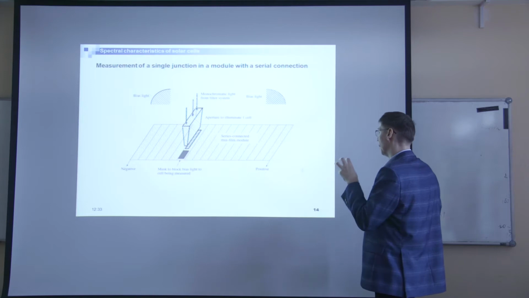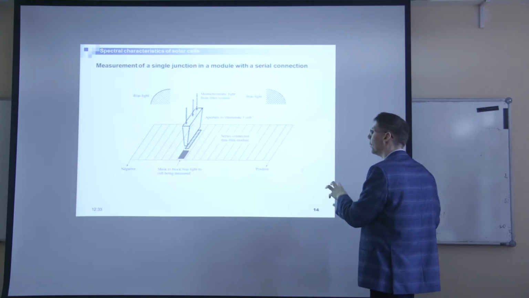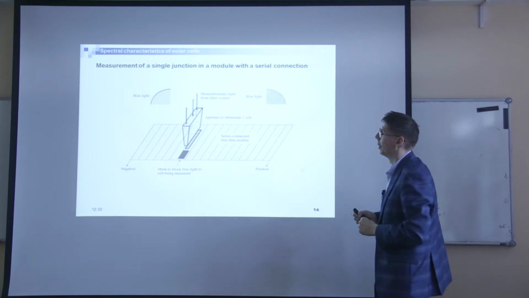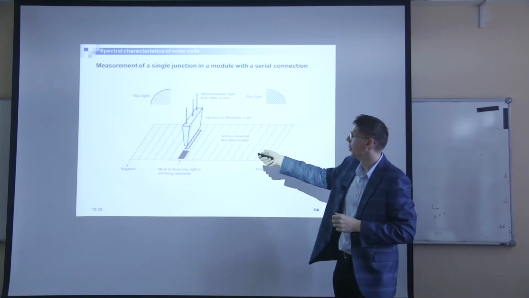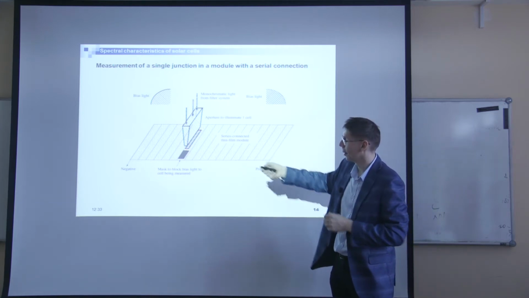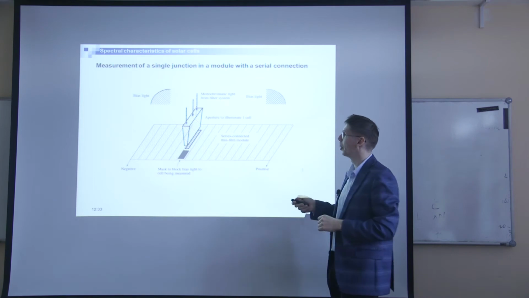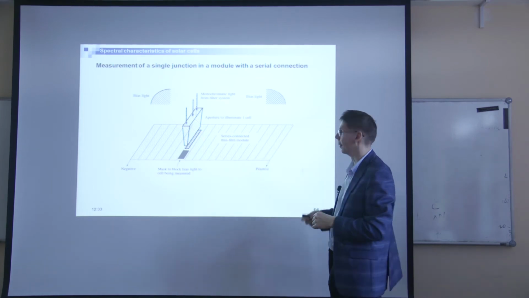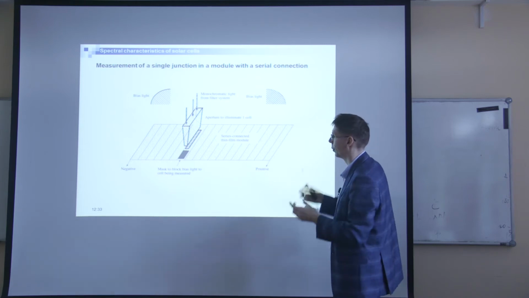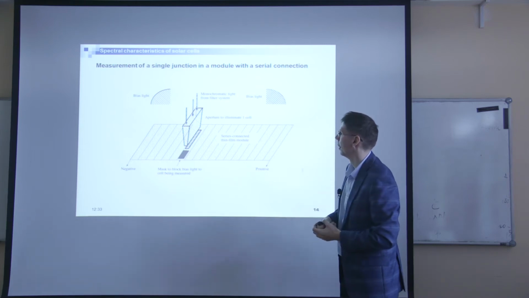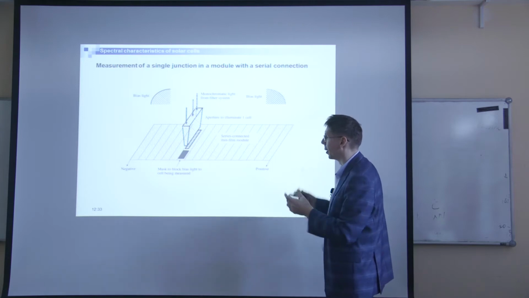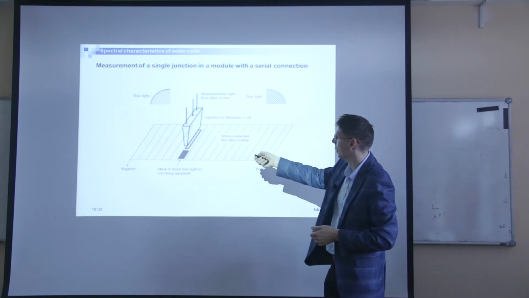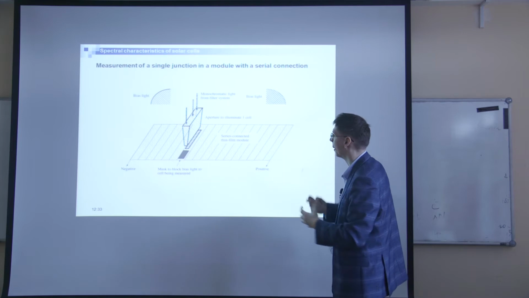And if you want to get the signal from a single wafer, the same idea. You use monochromatic light, you illuminate with the monochromatic light the single cell or some strip or part of the multi-junction cell. So it means that there is some cell which is connected in series.